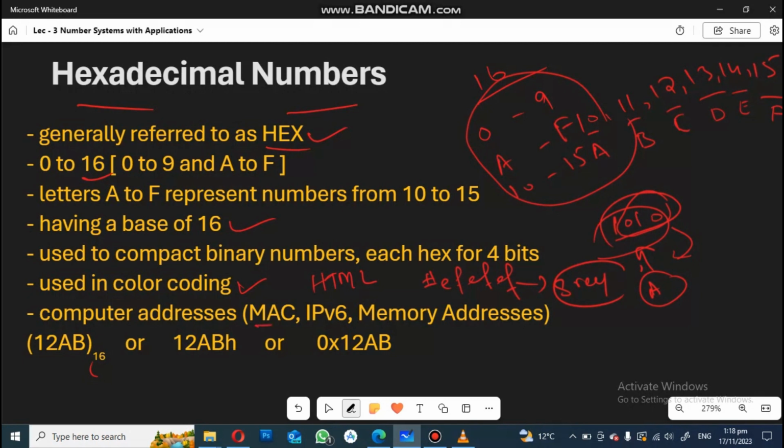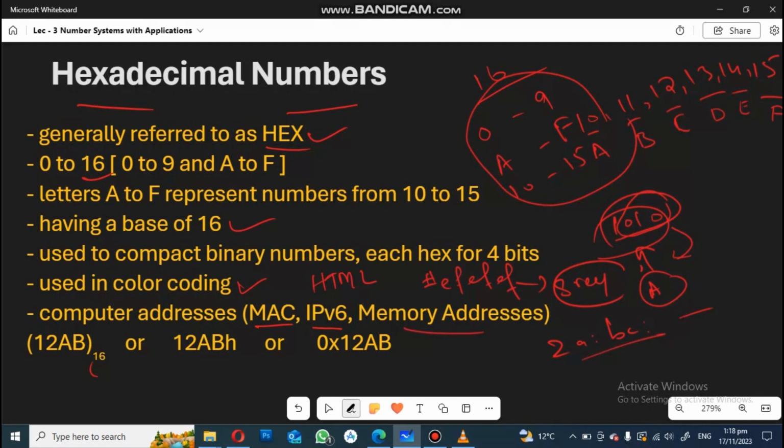In the Bluetooth options you might have seen addresses like 2A BC; these are generally MAC addresses. The normal IP addresses generally use decimal notation, but we also have version 6 of IP addresses which use hexadecimal values, and some other memory addresses also use them.